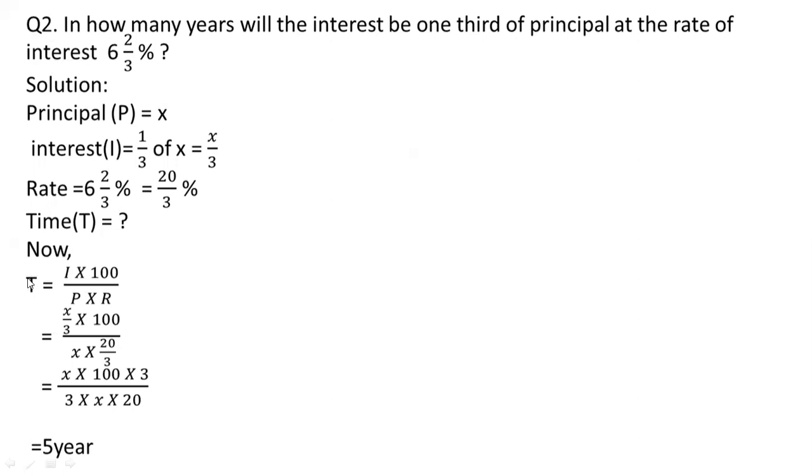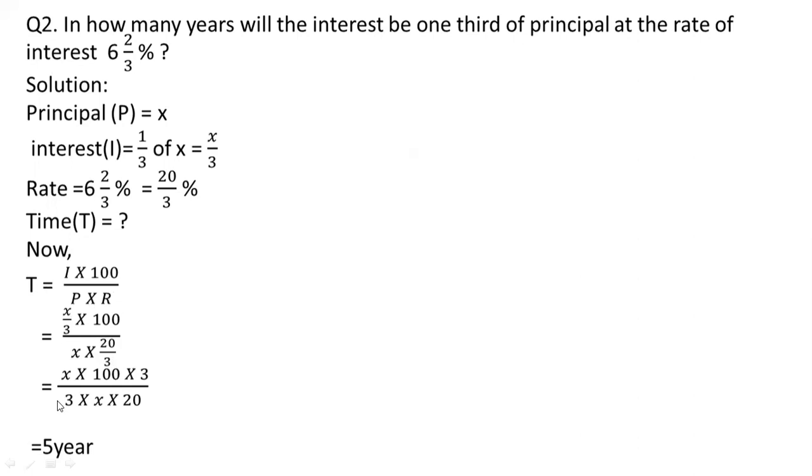Now time equals interest into 100 by P into R. Then put the value of interest, x by 3 into 100, by x into 20 by 3. x cancels, you can cancel them. Then this 3 will come down, and this 3 will be cancelled here also.